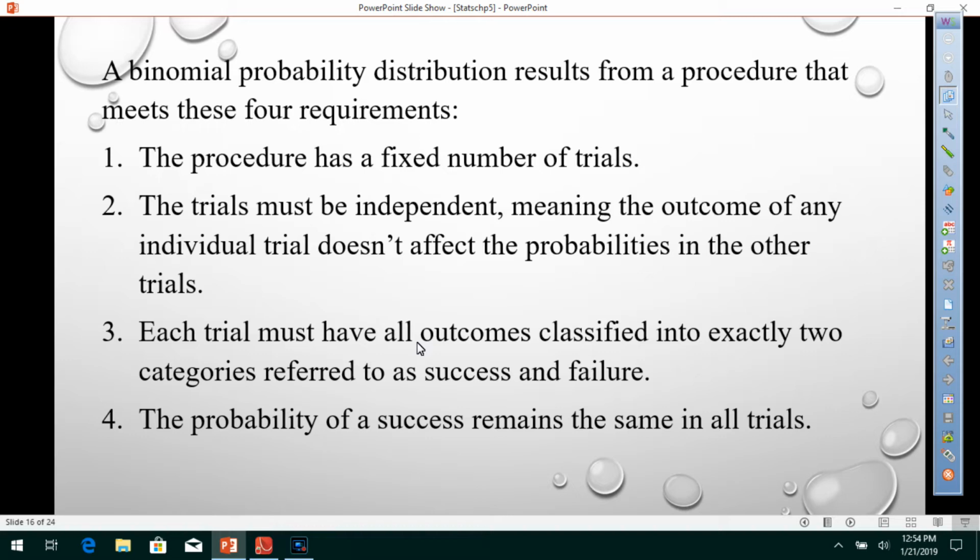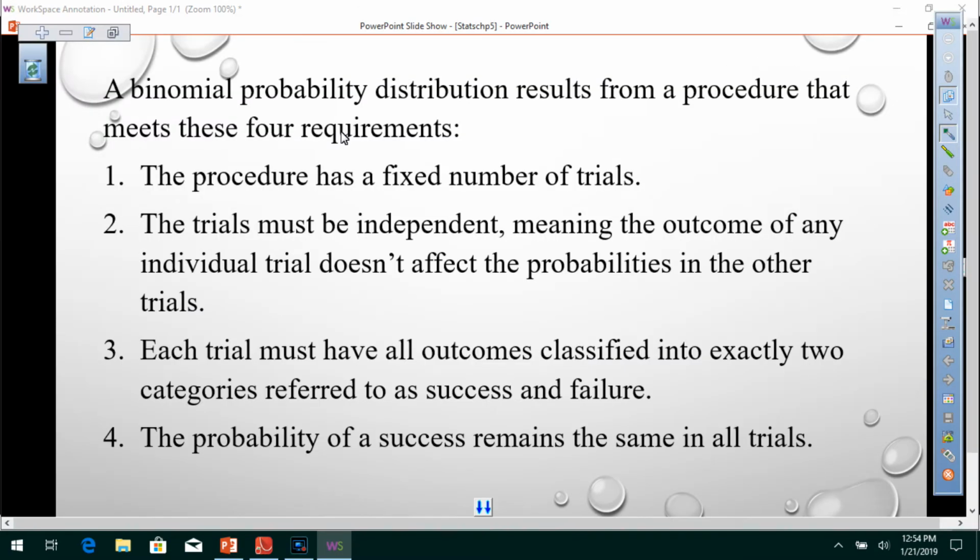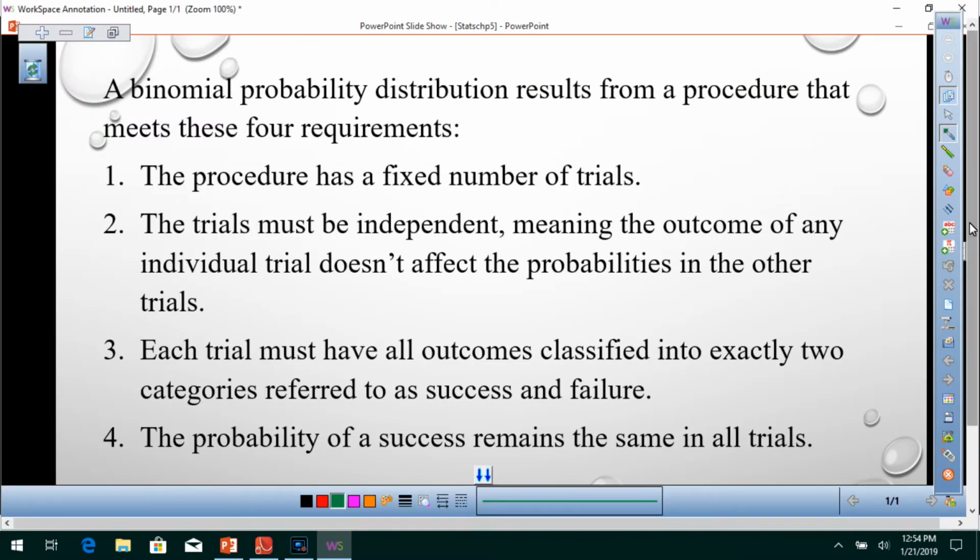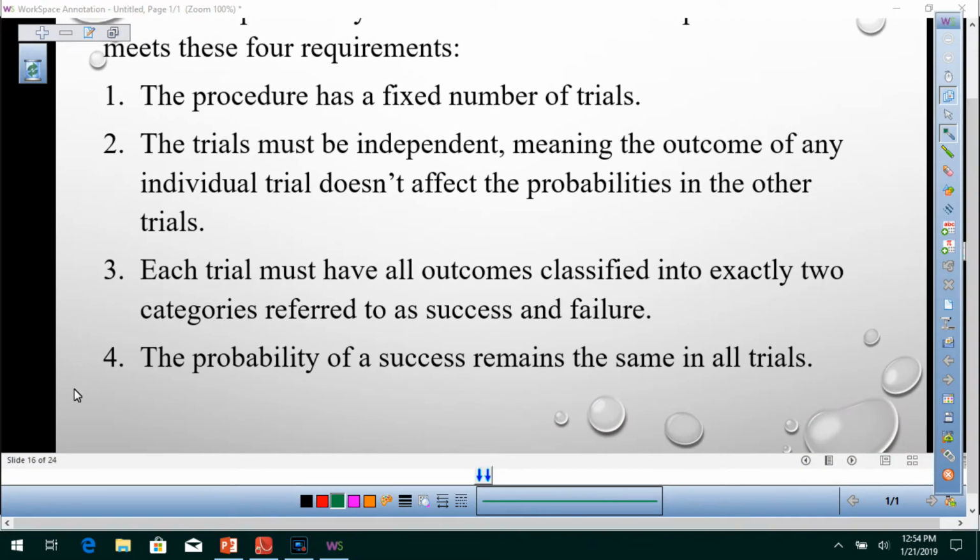Now, there's some notation that goes with this, and I'm going to put this notation up. N is the fixed number of trials.